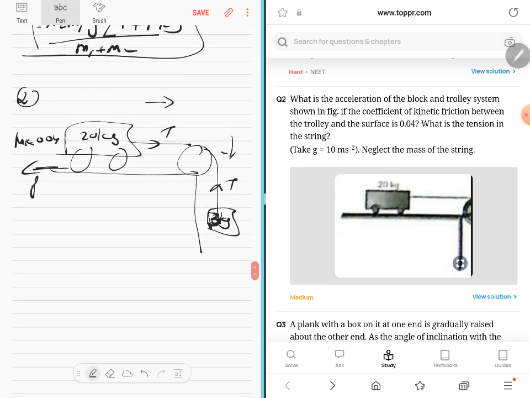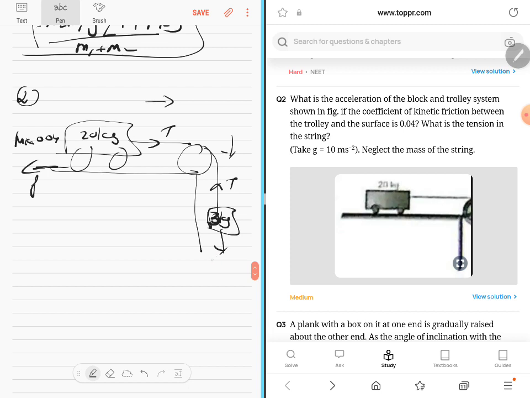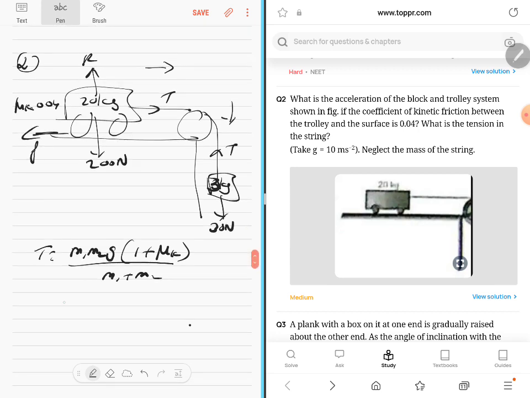For me, I remember this is 30 Newton which is acting downward, that's 200 Newton, and there is the normal reaction. I remember the final formula for tension which we just found out. It was m1 m2 into g into (1 plus mu k) by (m1 plus m2), so that I can directly find the tension.